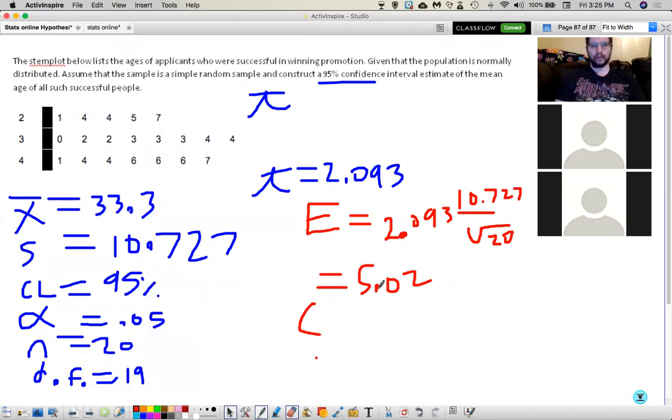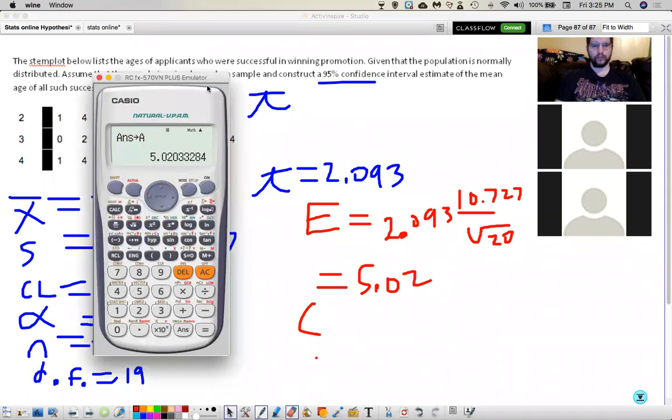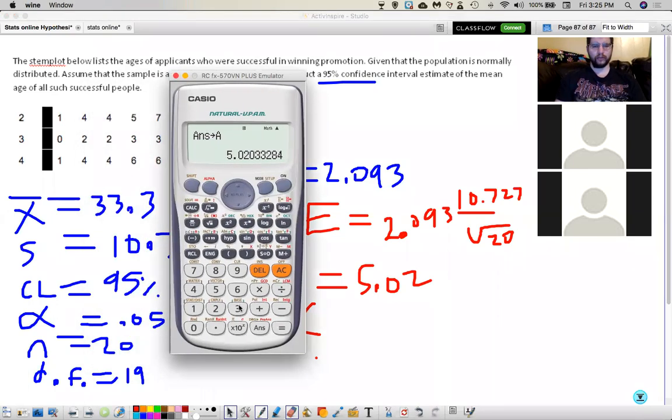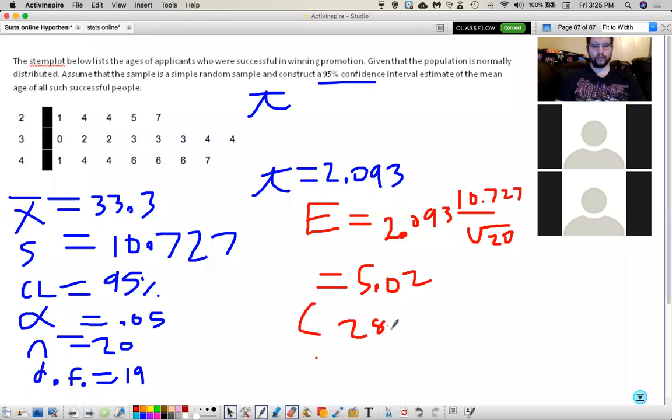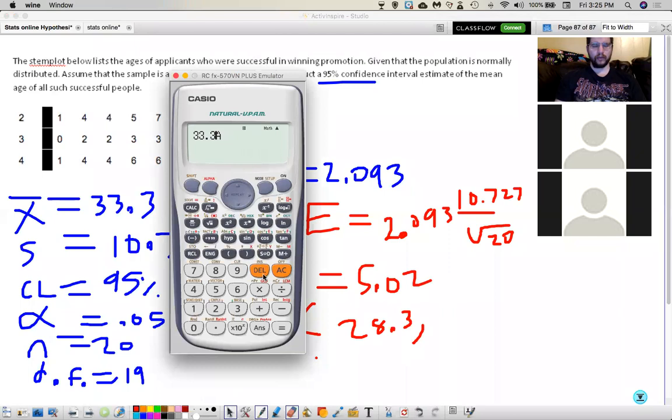So X bar minus our error. X bar is 33.3. Gives me 28.3. And X bar plus our error, 38.3.